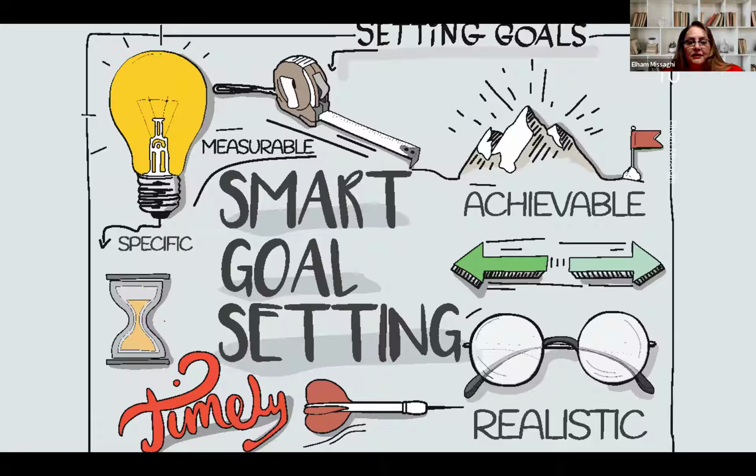Yes, realistic. Not that we put some goals for each session which are hard to achieve and hard for students to remember. Even if you finish it, it's hard for students to remember and use it. So it's not realistic. It's too hard for that level, or maybe it's too easy for that level. And it should be timely. So for each activity, we need to set a time.